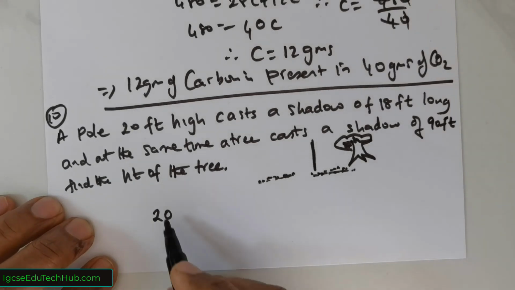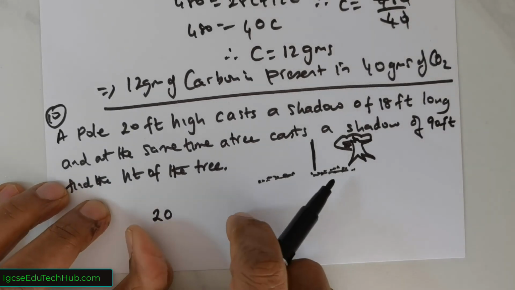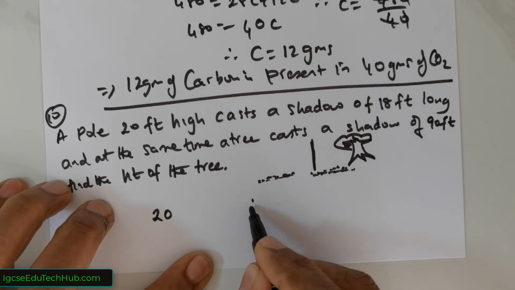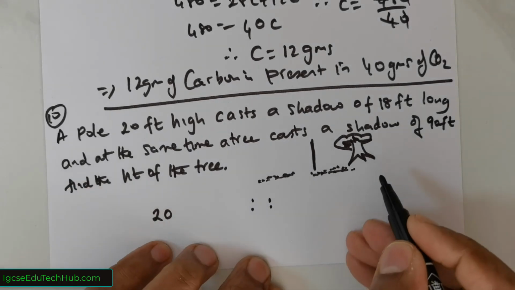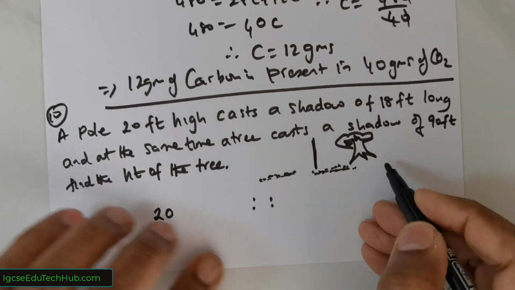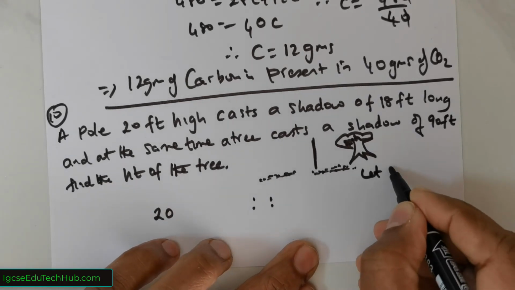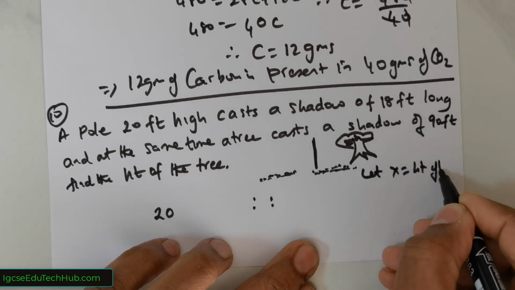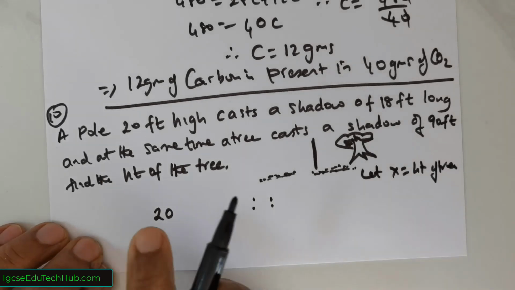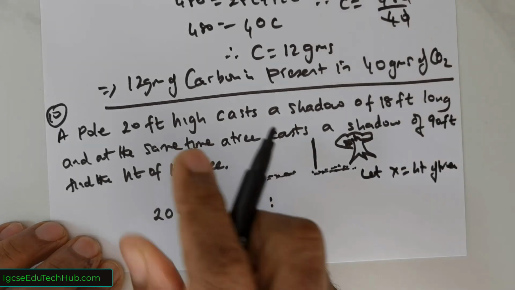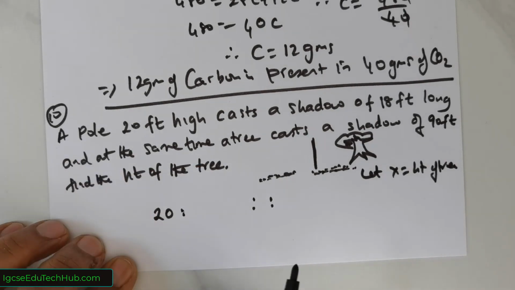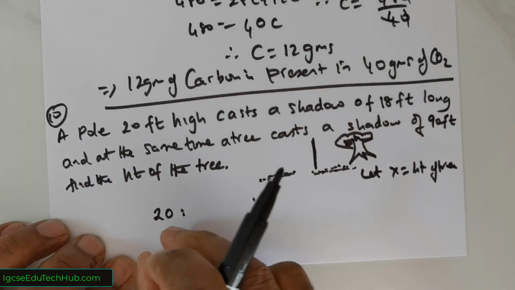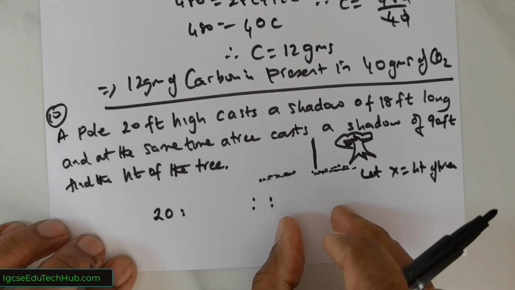So the technique is, on one side you place in the real heights of the system, and on the other side you place in the height of the shadow. So what I'm going to do is I'm going to take the x to be the height of the tree. So let x be equal to height of tree. So this is required. Now 20 is the height of the pole. As I mentioned to you, place the height of the objects on the left and the height of the shadow on the right.